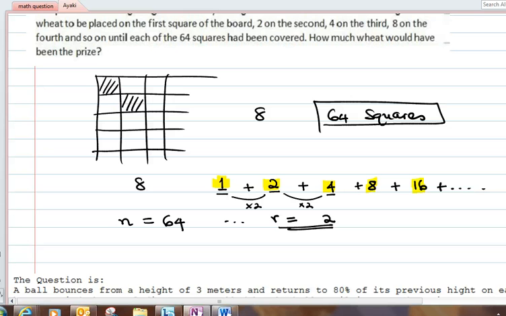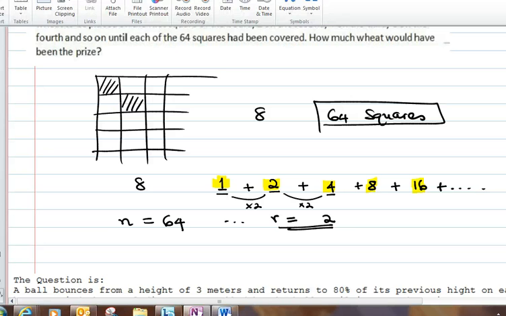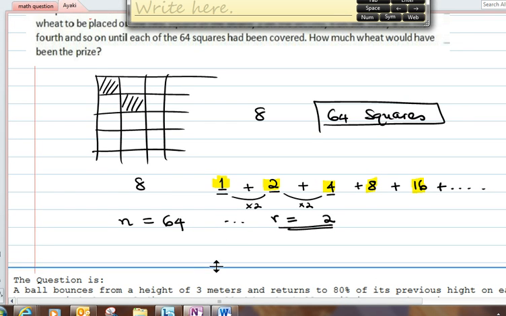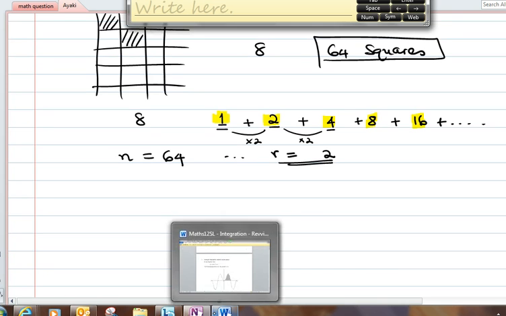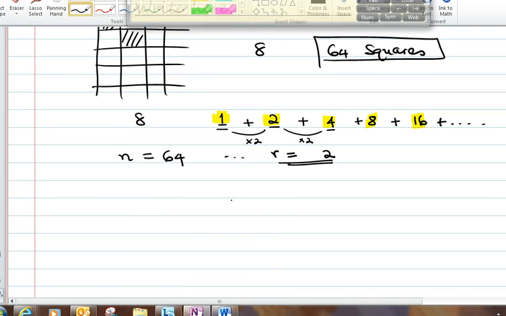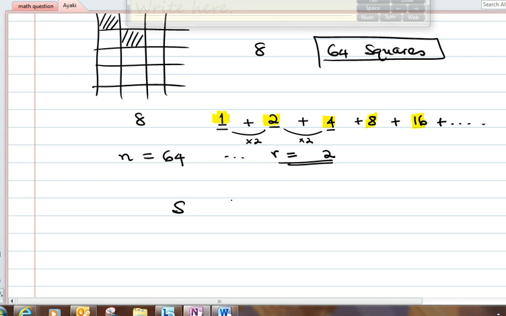So what we want to do here is find the sum of the first 64 terms of a geometric progression, and that geometric progression has a common ratio of 2, and the first term is 1.